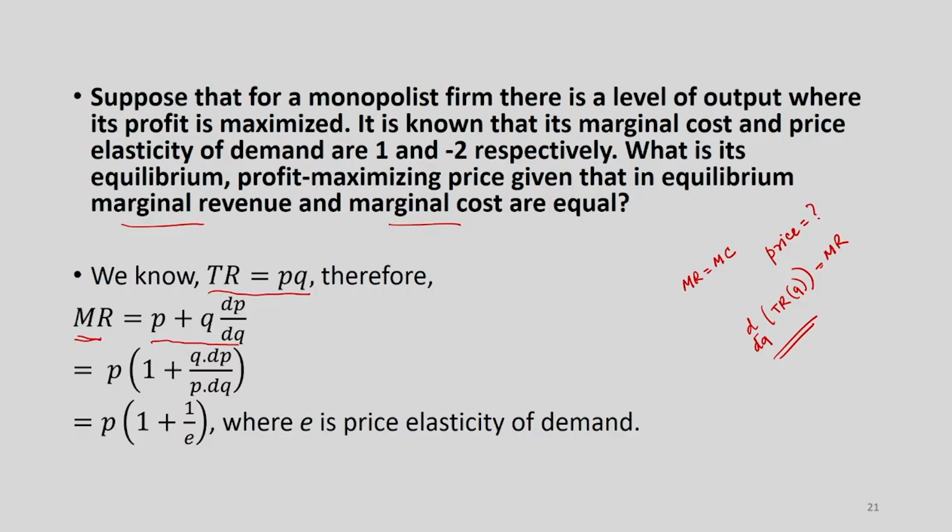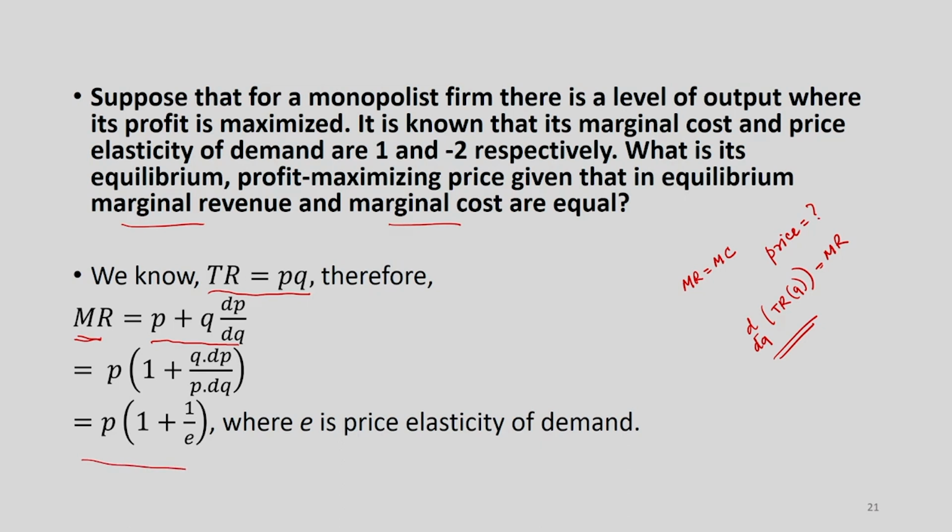So, once again product rule. But mind you, compared to the previous problem, here the variable with respect to which the differentiation is being done is not price, it is quantity. Alright. So, this is what we will get. We take P common. So, if I take P common, it becomes 1 plus Q divided by P multiplied by dP/dQ, and this can be written in terms of the elasticity, right.